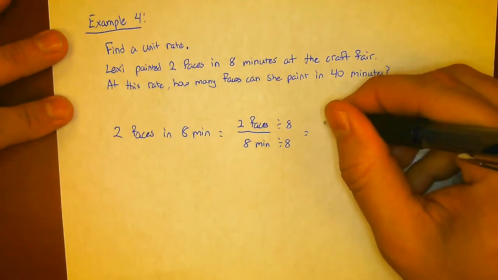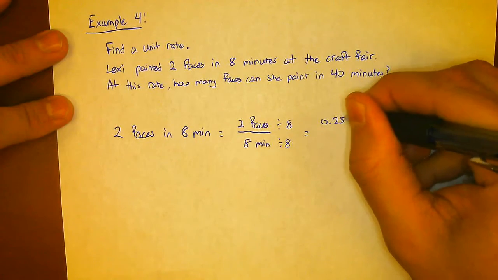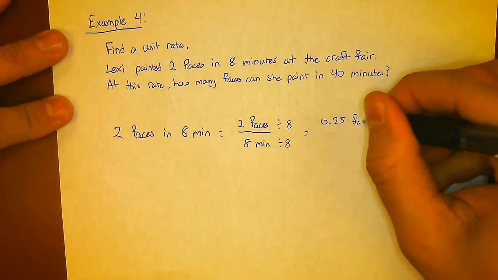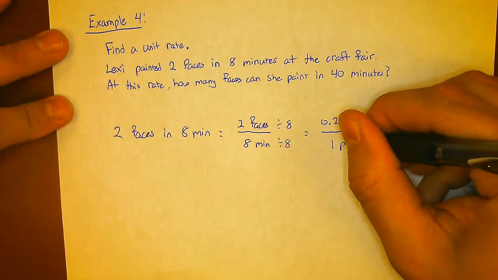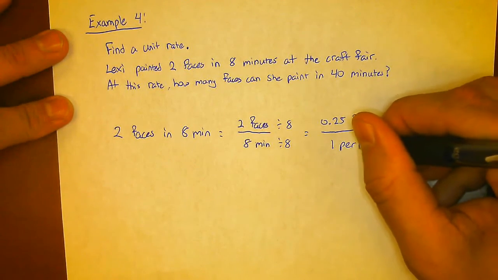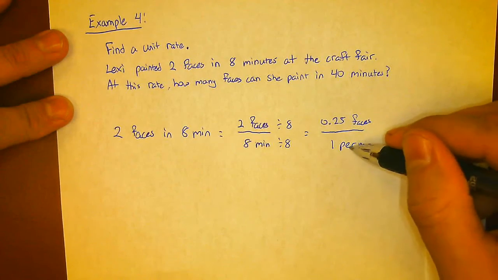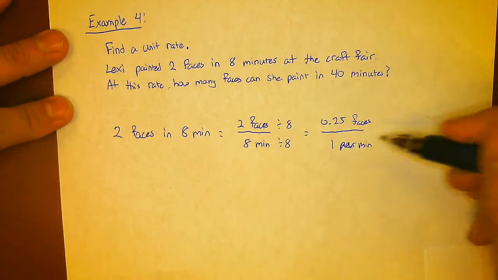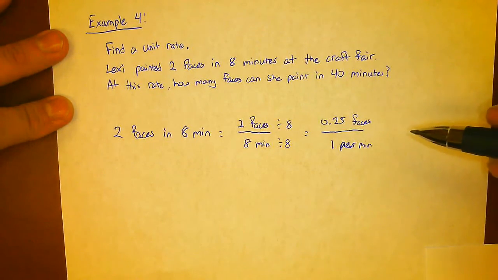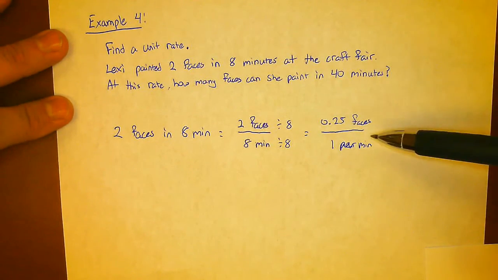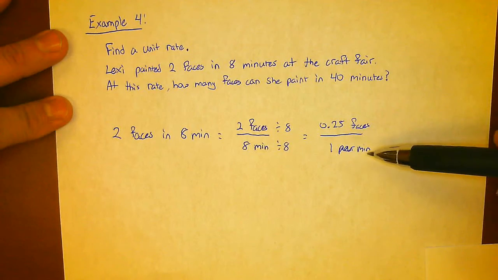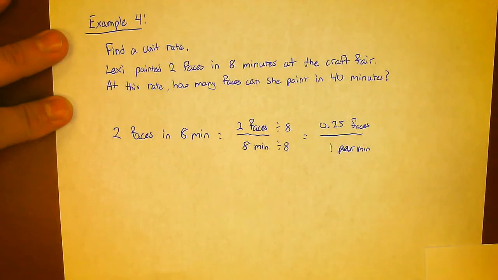So that should give you 0.25 faces per 1 minute. I accidentally put the "per" there. You don't need the "per." Just 1 minute. 0.25 faces in 1 minute. Alright. So now that we found out that she's painting 0.25 faces in 1 minute, we've got to find out how many she paints in 40 minutes at that rate.